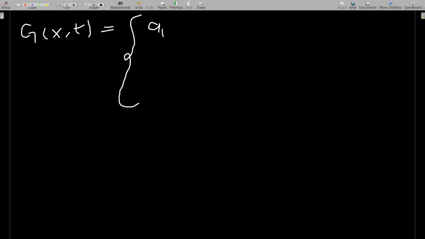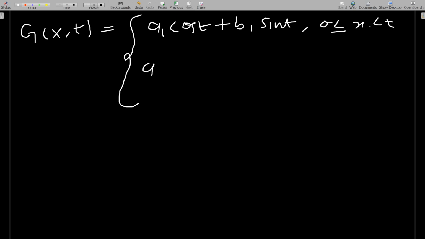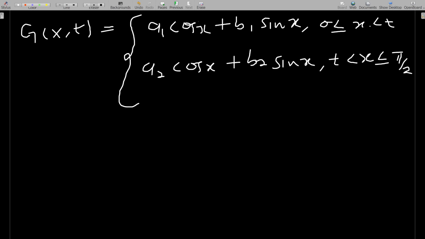We know that g of x,t is equal to a1 cos x plus b1 sin x for 0 less than or equal to x less than t, and a2 cos x plus b2 sin x for t less than x less than or equal to pi on 2. Sorry, all the t's here are x. It's sine x, cos x, and the rest. I'm really sorry for this. All these terms are x. So this is what we have.